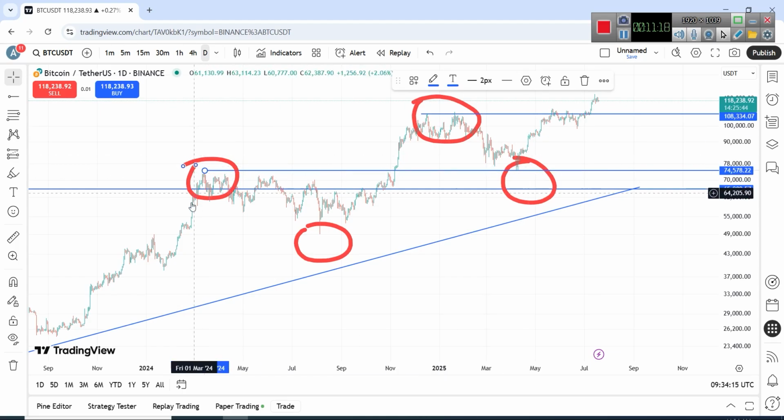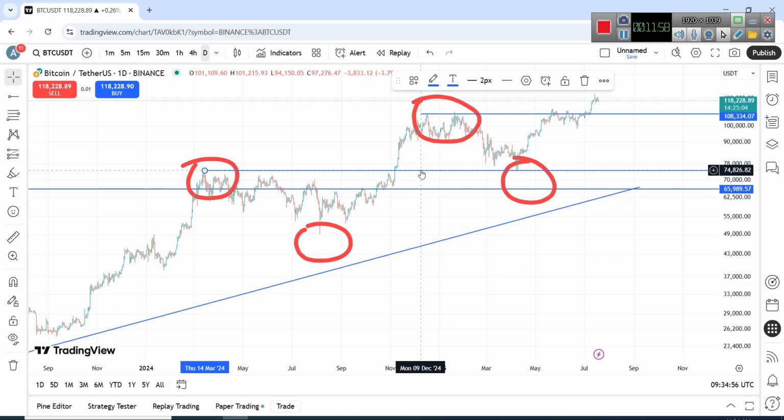Earlier, when the price reached $74,000, it was pushed down to 50,000. And when this line is broken, it went up and again turned down to this price.